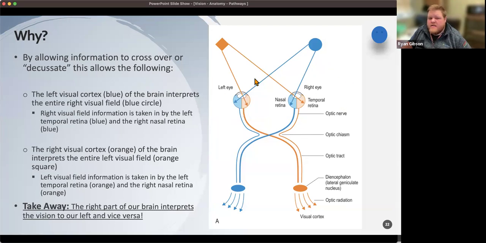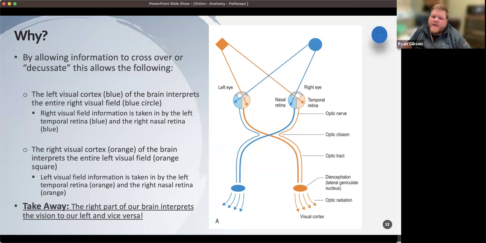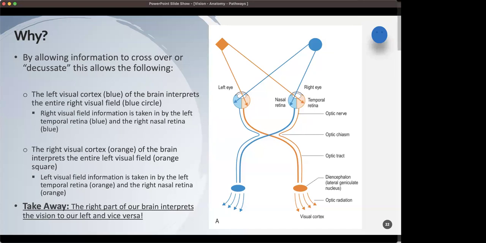And so you can flip that. If the left eye sends 25% of its axons responsible for the right visual field, the right eye has 25% that is doing the left visual field. And then you would say the other 75% is going to the opposite side of the body. Yep. So the best way to say it is that 75% of the information is crossing over. Okay, thank you. Yep.